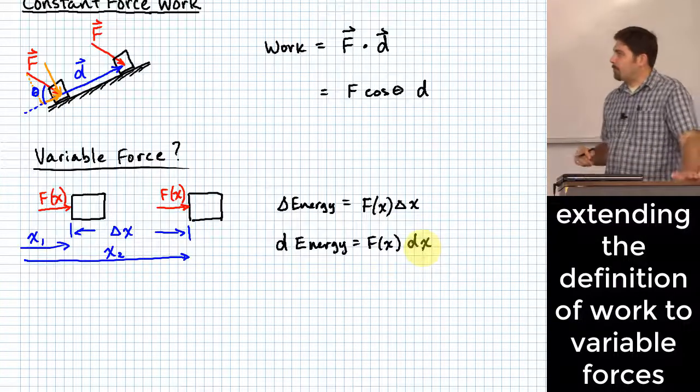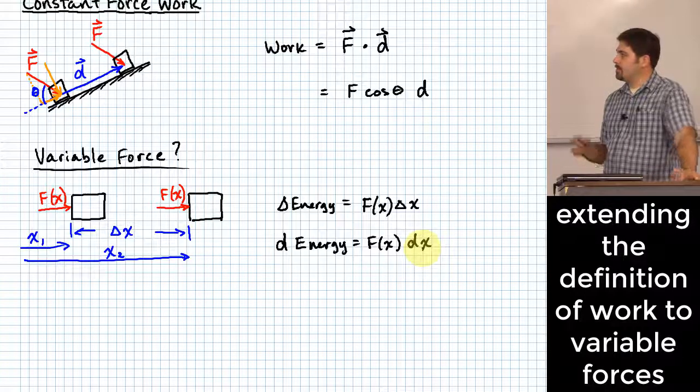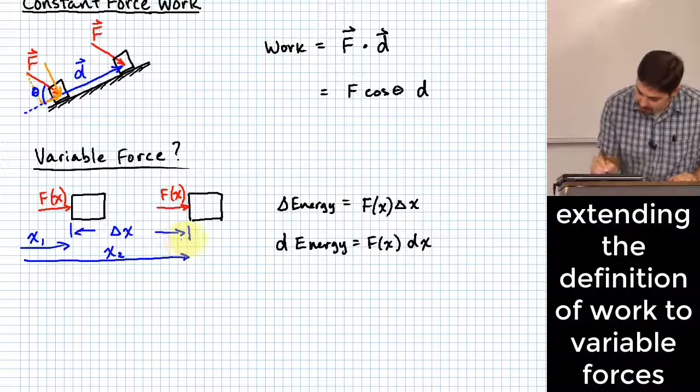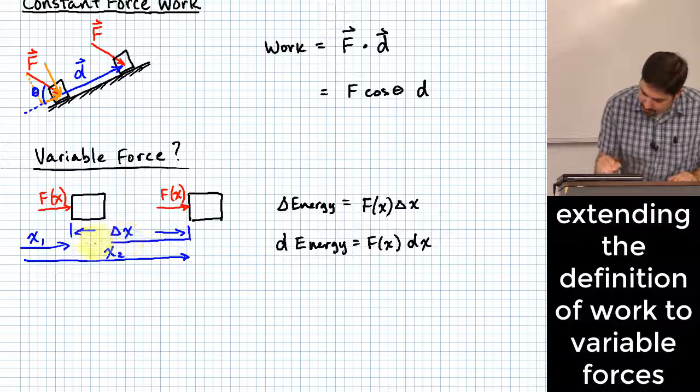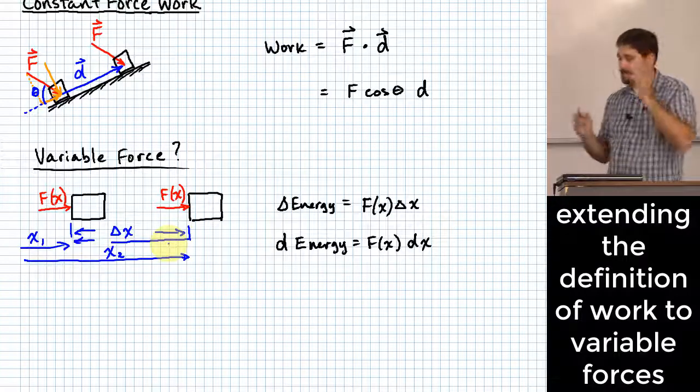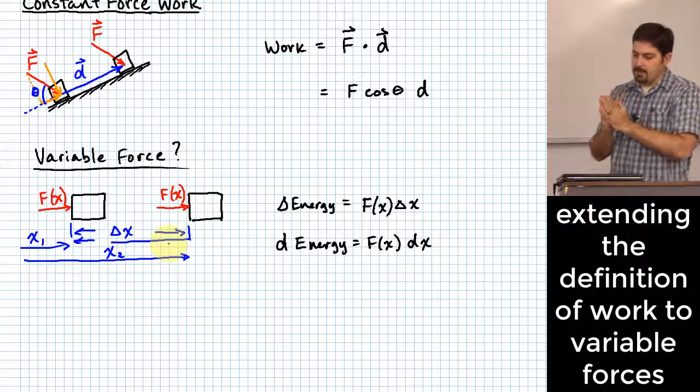Why is that a powerful thing for me to do? I'm basically shrinking this distance to almost nothing. That delta x, I'm calling a dx, meaning it's almost nothing.